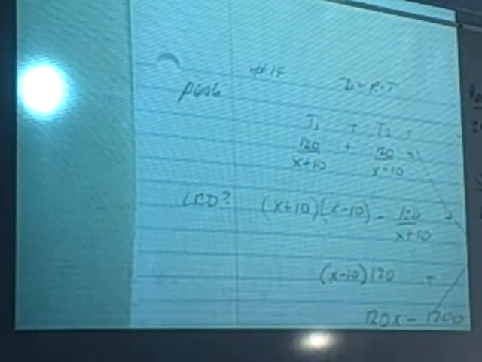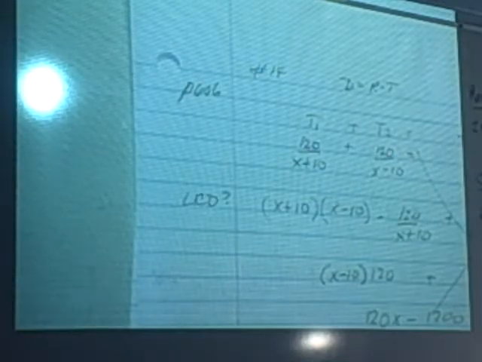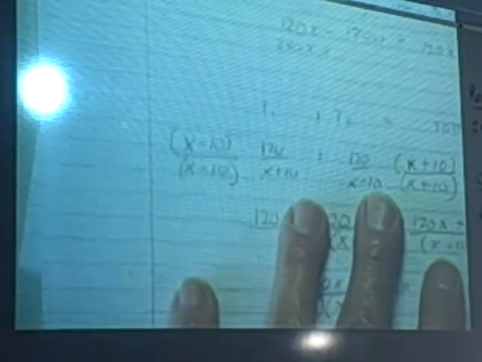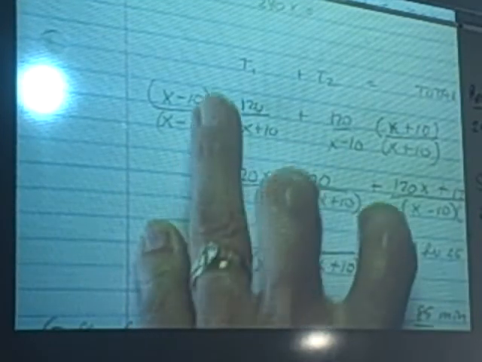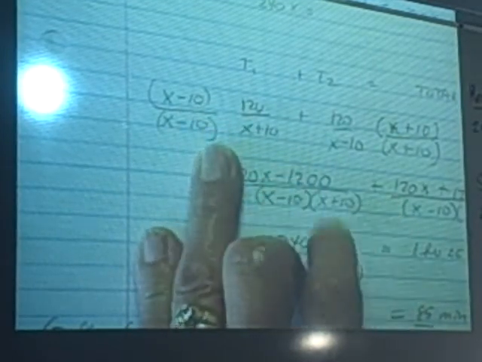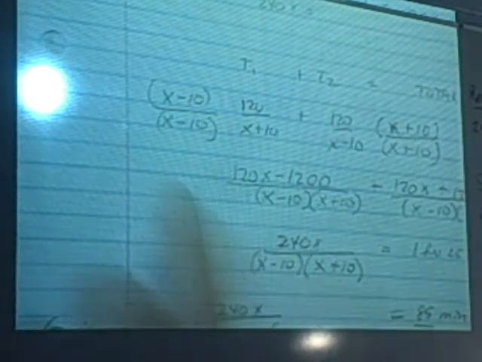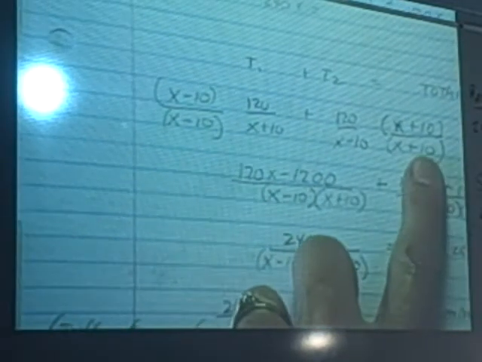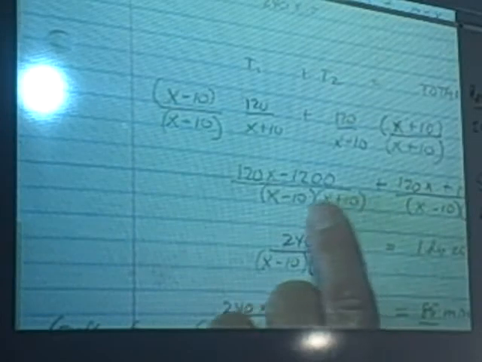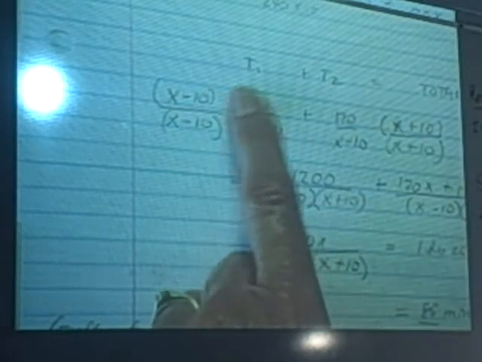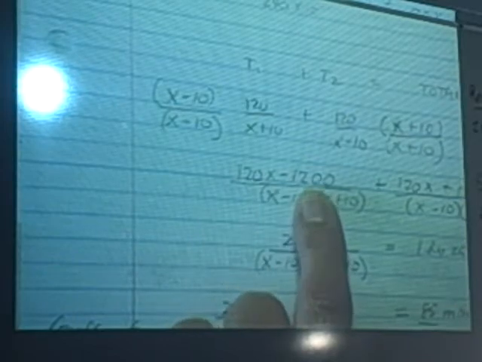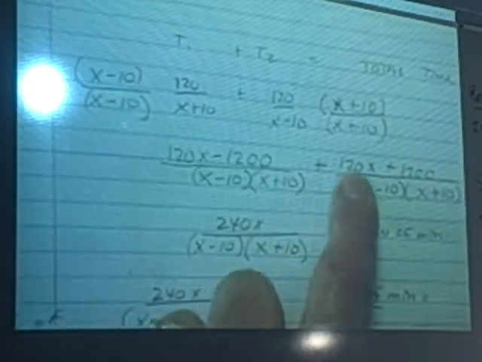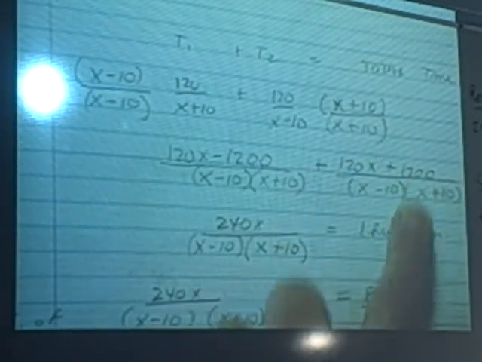And then my common factor is, actually I redid the problem over here again. So I ended up multiplying this by x minus 10, and the other side by x plus 10, and I did the distributive property, and I should have had 120x minus 1200 plus 120x plus 1200.